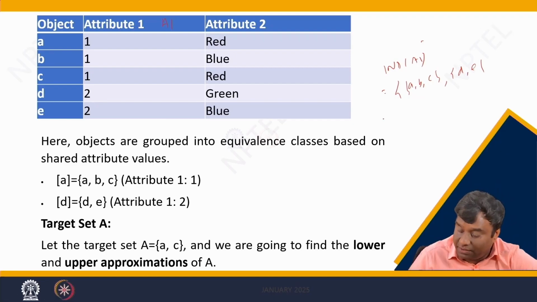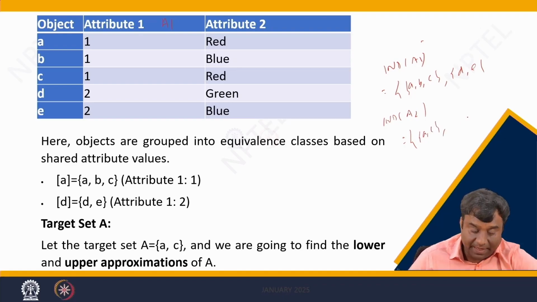Similarly, if you write the indistinguishable relation of attribute 2, you can write it as {A, C}, then blue, so {B, E}, and {D} is there.